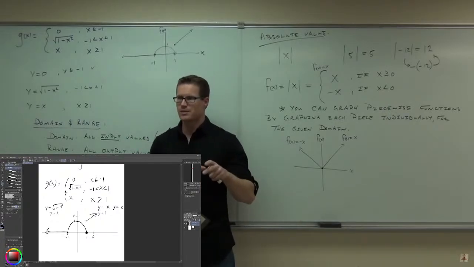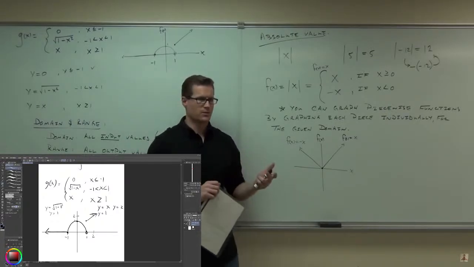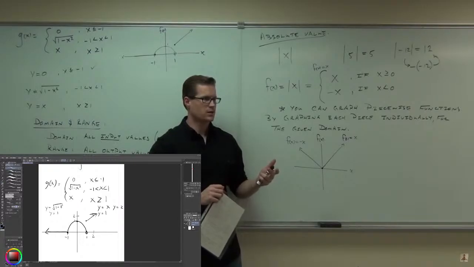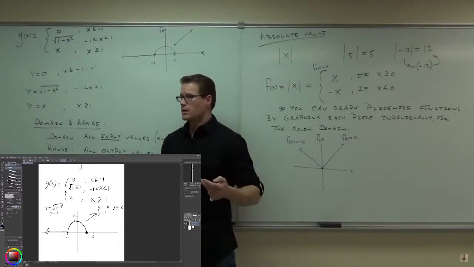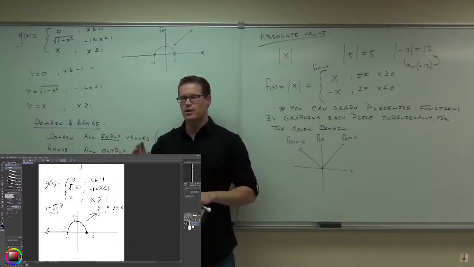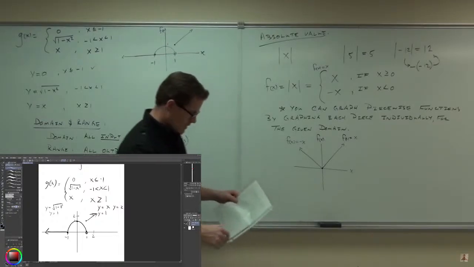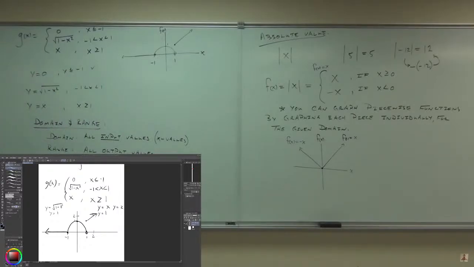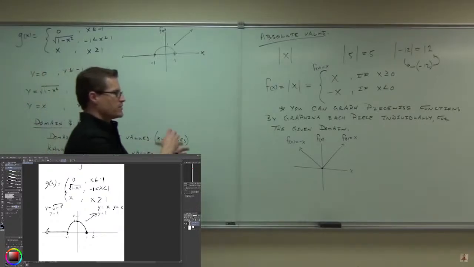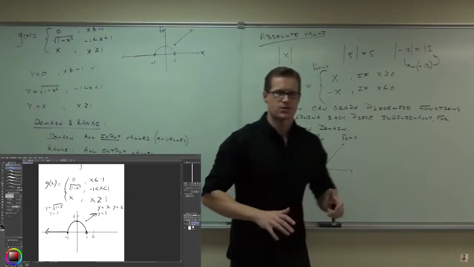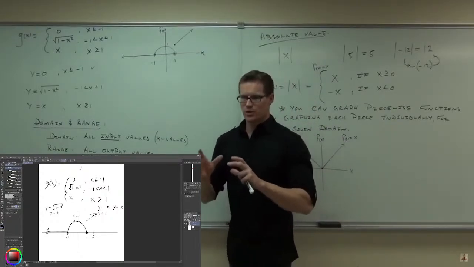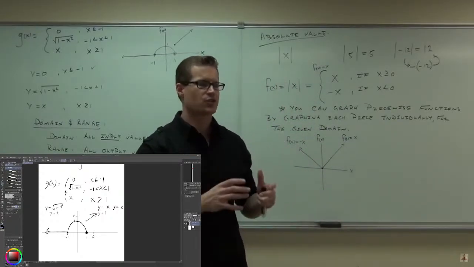Now let me make a little statement there. If you're talking about complex numbers, can you do it? Sure, yeah, you'd have an i. But if we're talking about real numbers and graphing them on a real number system, well, we can't. Now, we're going to redefine domain just a little bit. I don't know if your book does this or not, but we're going to define domain in a special way in this class called the natural domain.